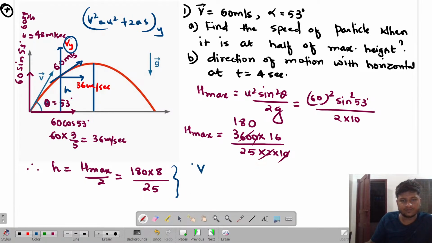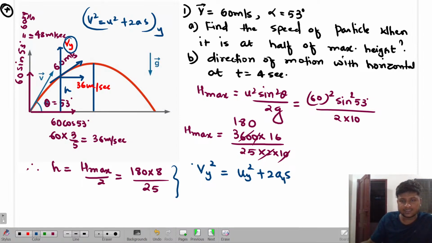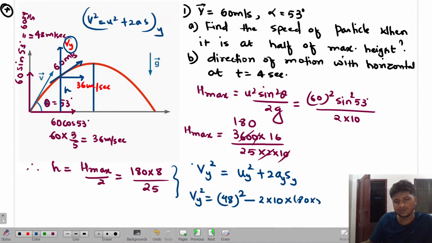So if I apply Vy square is equal to Uy square plus 2as, right or not? That is acceleration along y, displacement along y. So V along y I need to find out. U along y is given already, that is 48 meter per second squared. Then minus 2, acceleration is 10 as you know, and displacement h is given, which is 180 into 8 divided by 25. Is this clear or not?